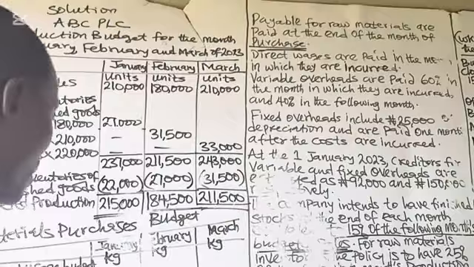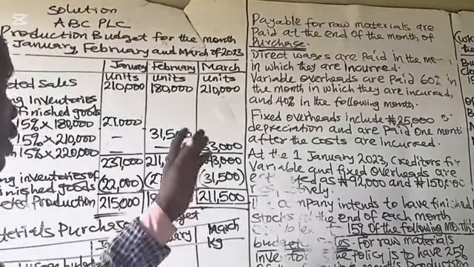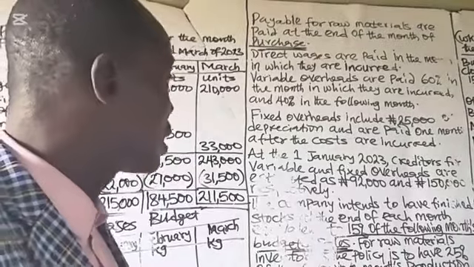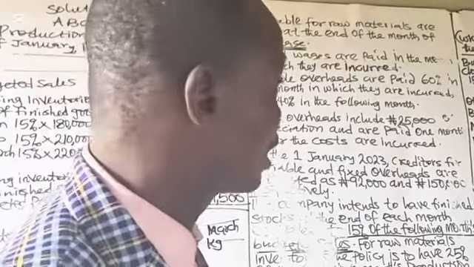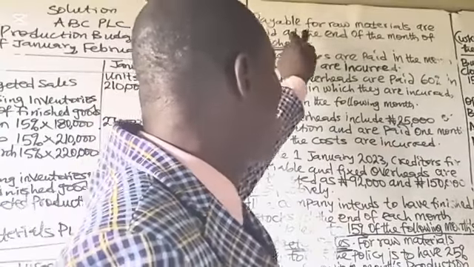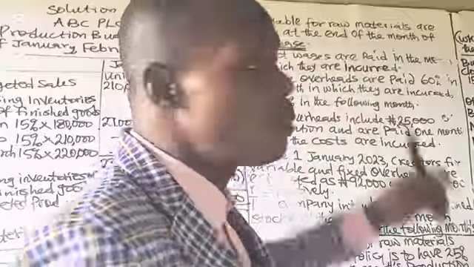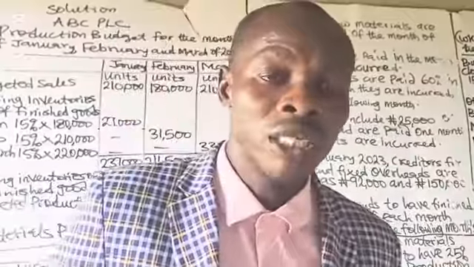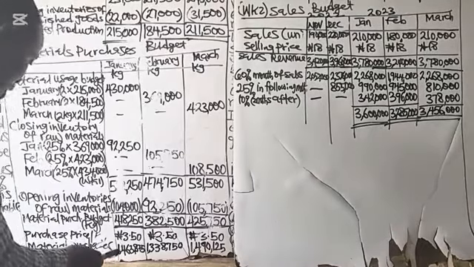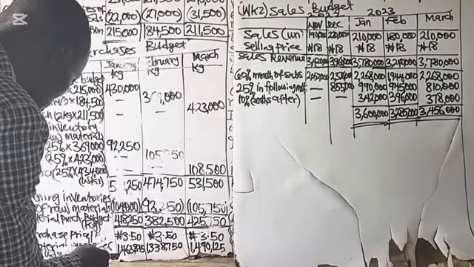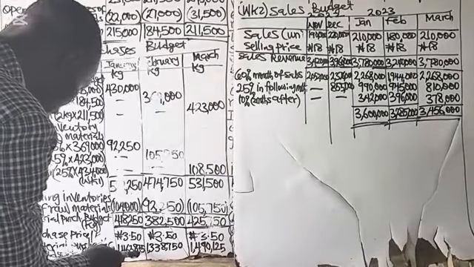That means all the payments for materials purchased, obtained from the material purchase budget, will be used in the very month the materials were bought. Since they were paid at the end of the month of purchase, it means they will be used in the very month of purchase. So from our material purchase budget, in the month of January, we have 1,463,705.